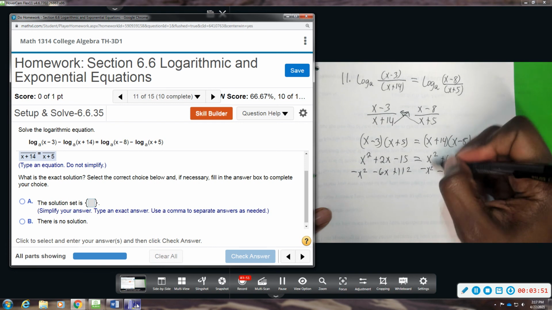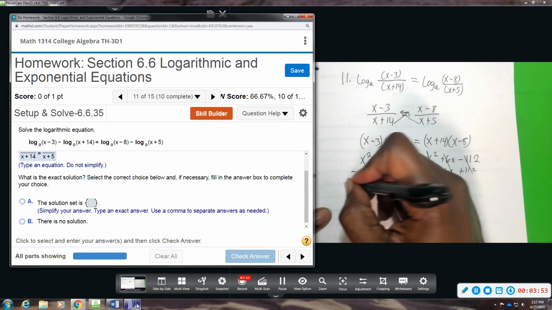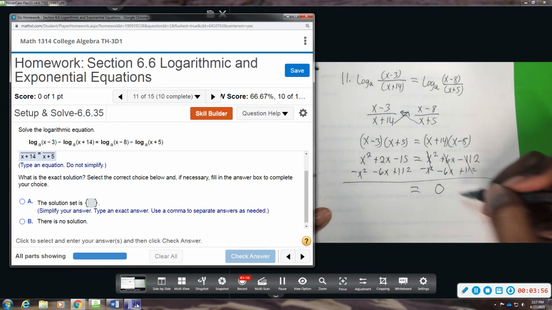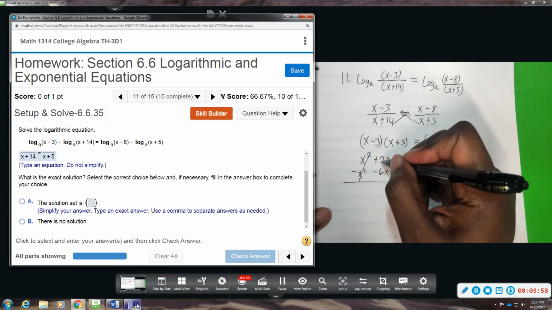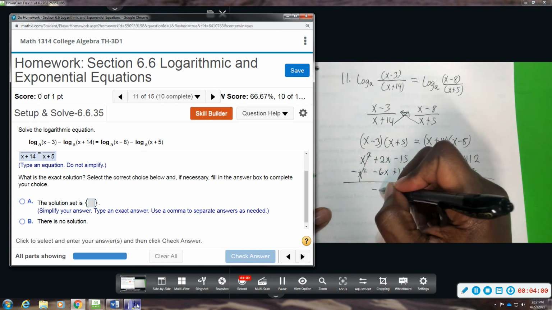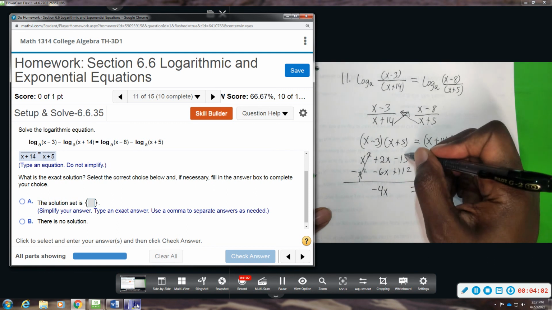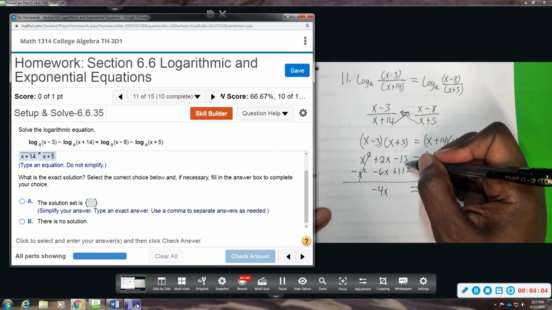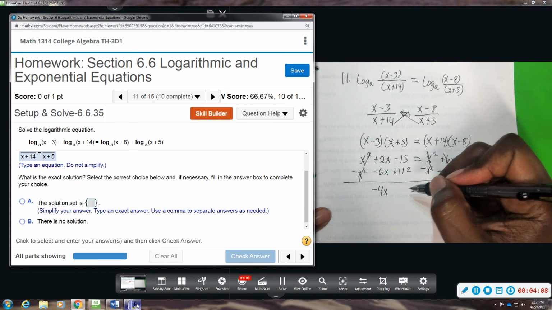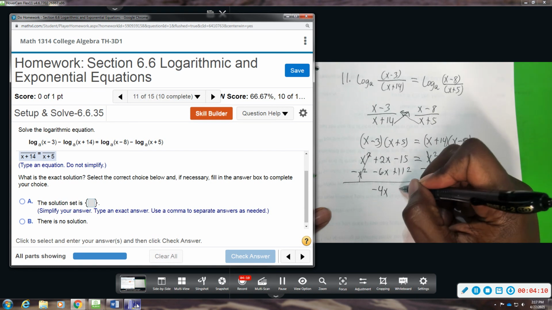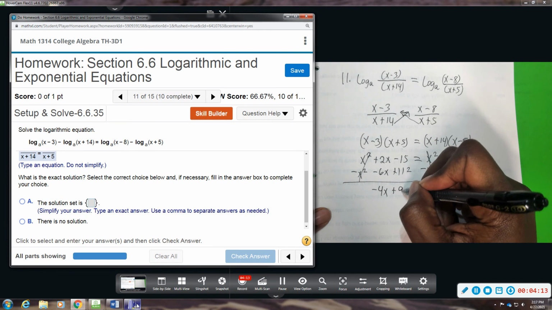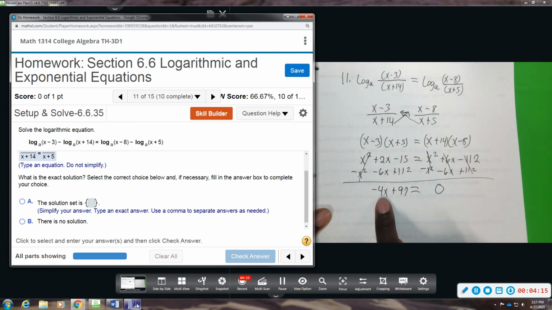All right, so everything over here will go to 0. So this right side is 0. x squared goes to 0. Here will give us a negative 4x, and then here will give us a positive 97.